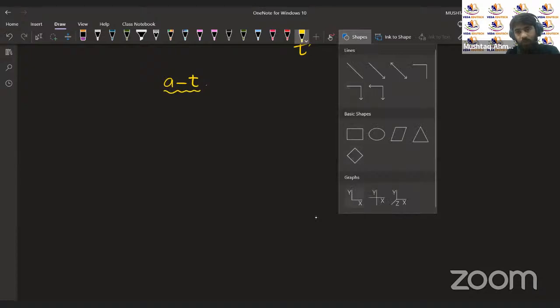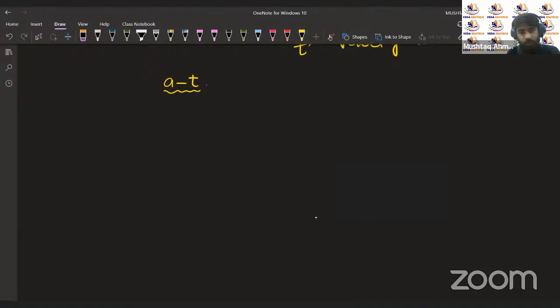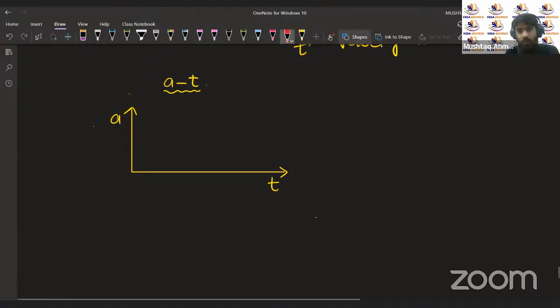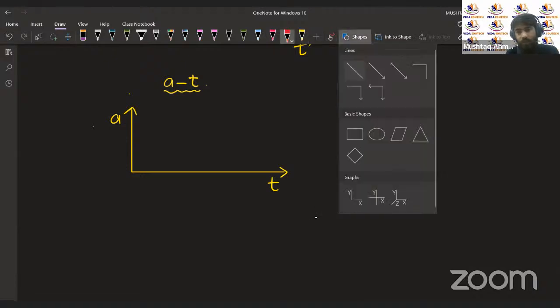Let's suppose we have this Cartesian system here, right? On the y-axis we have acceleration, and on the x-axis we have the time. Let's suppose this is the acceleration-time graph.